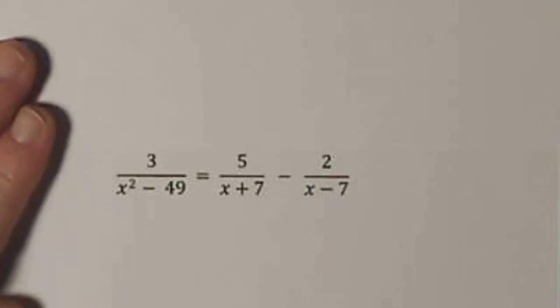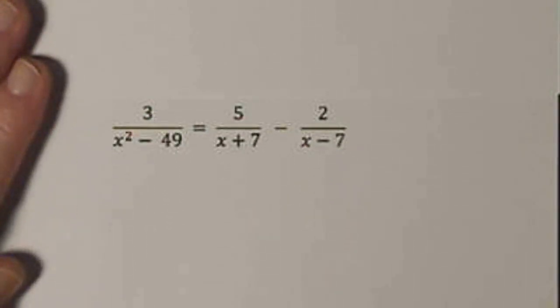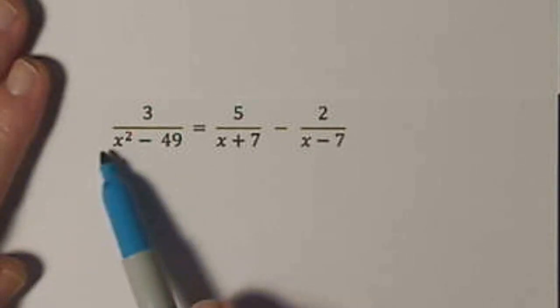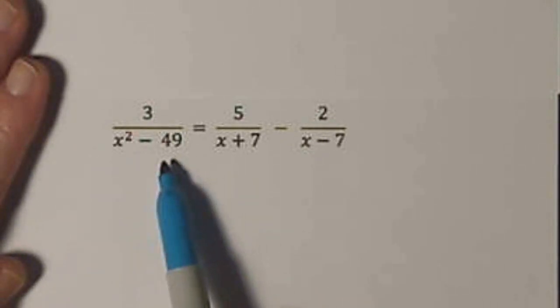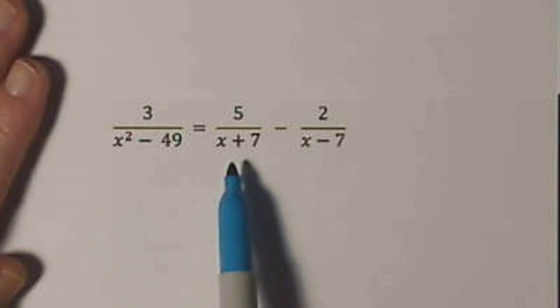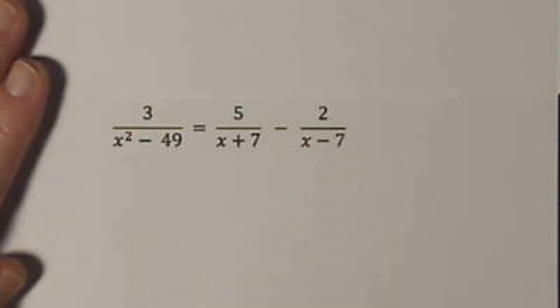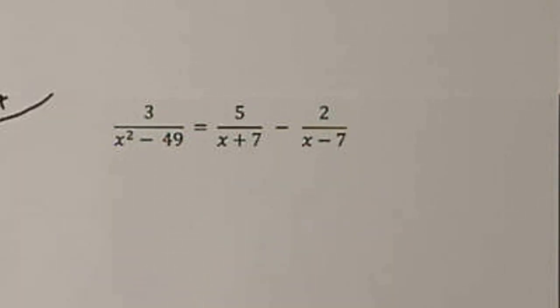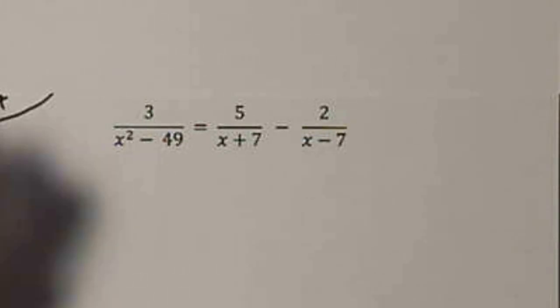We have our x squared minus 49, the difference of squares, which can be factored into x plus 7, x minus 7. So that's actually our common denominator. Alright, so that's what I'll be multiplying each side by.